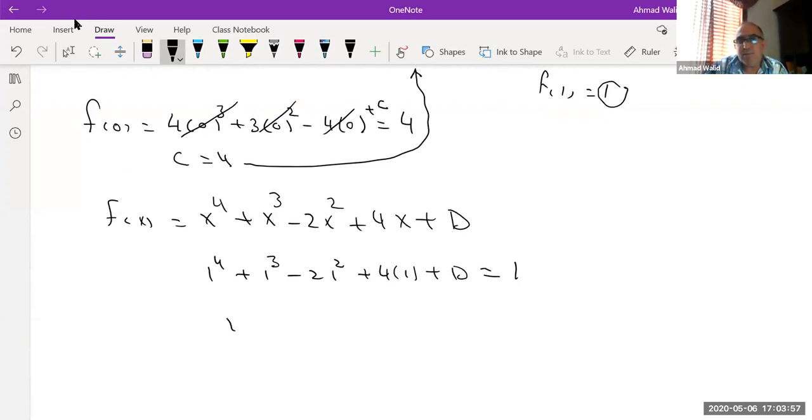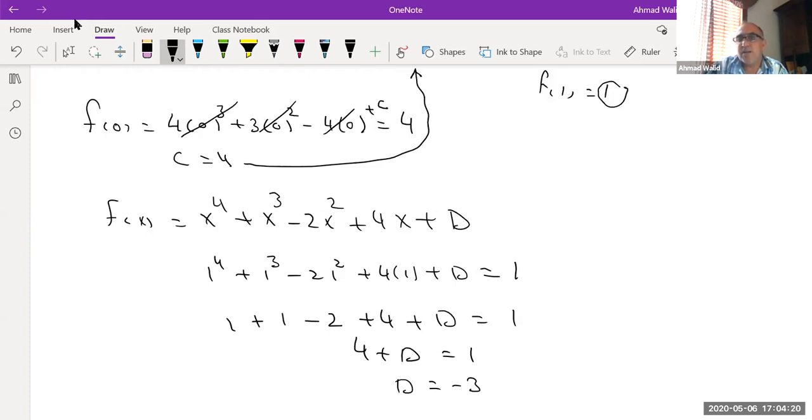Which is 1 plus 1 minus 2 plus 4 plus d equals 1. 1 plus 1, 2. 2 plus 4, 6. 6 minus 2, 4. 4 plus d equals 1. It means d equals negative 3. Plug this value back in here.